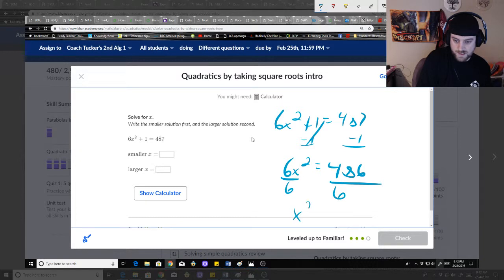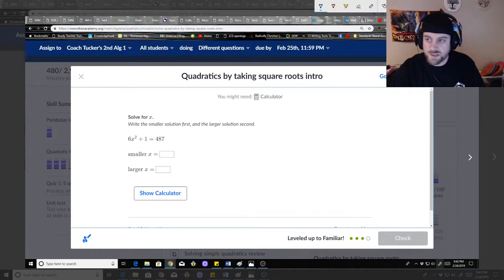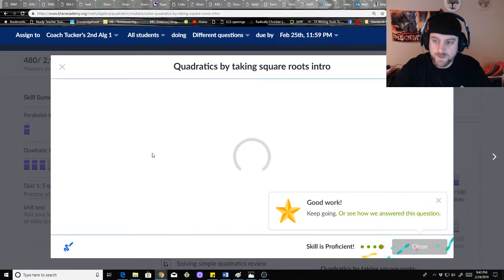So x squared equals, and I believe that is 81. Then take the square root of both sides. The square root of x squared equals the square root of 81. So x equals plus or minus 9. Pretty easy stuff here. Once you get used to it, it's not terrible. So negative 9, 9. There we go.